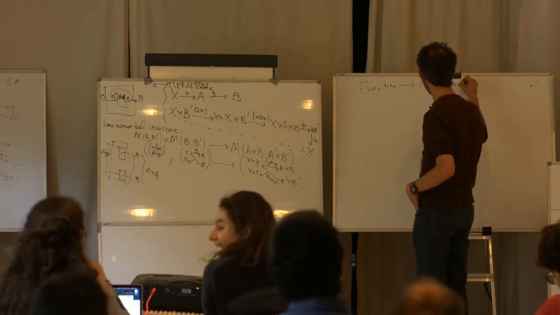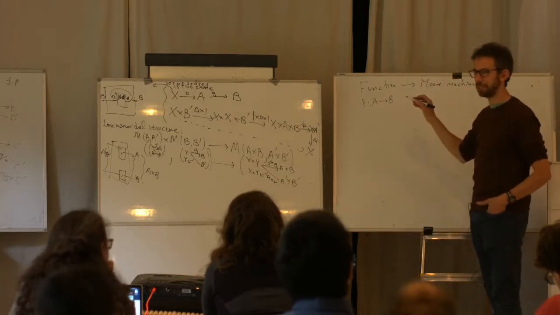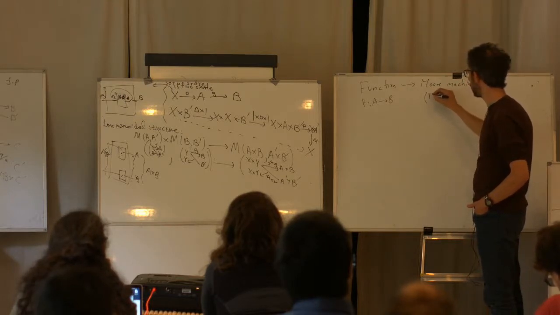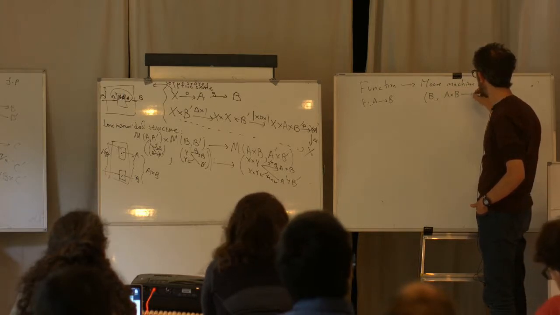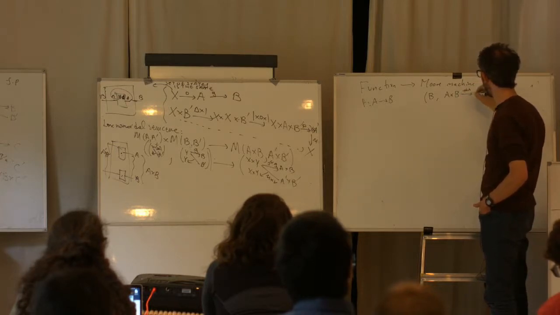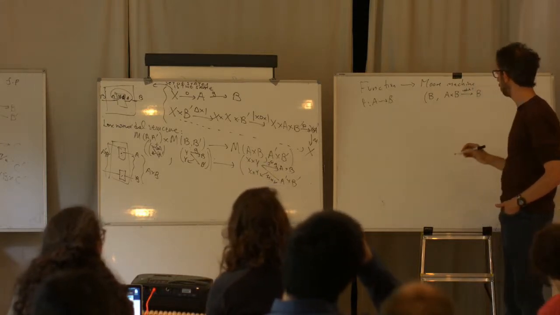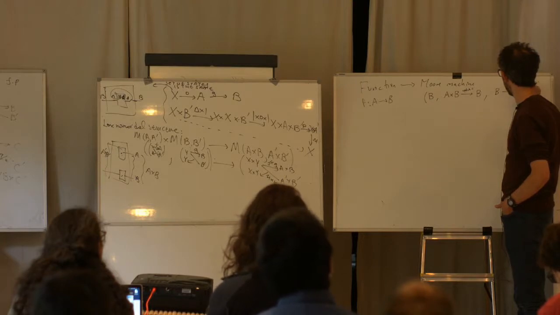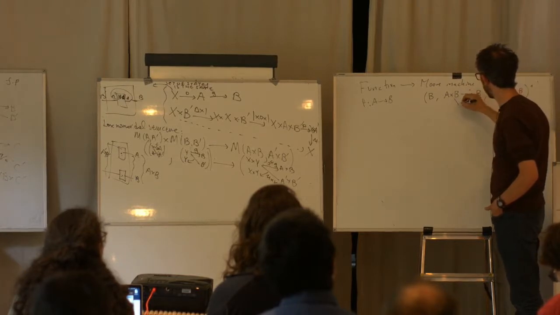So if you have a function F from A to B, we could turn this into a Moore machine with B as the state, and then A times B, the update is: throw away B, and then use F. And then the readout is just B. So this is terrible notation. Update is given by, I'm going to throw away the B.